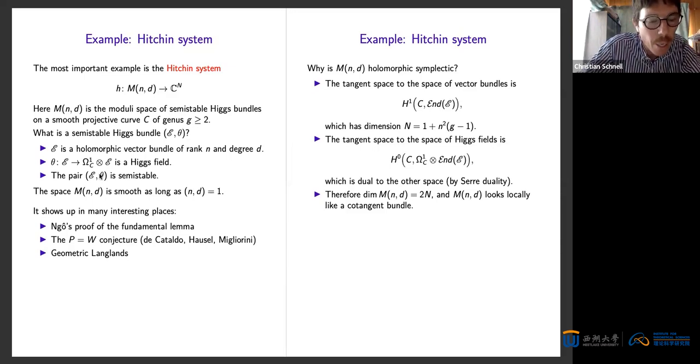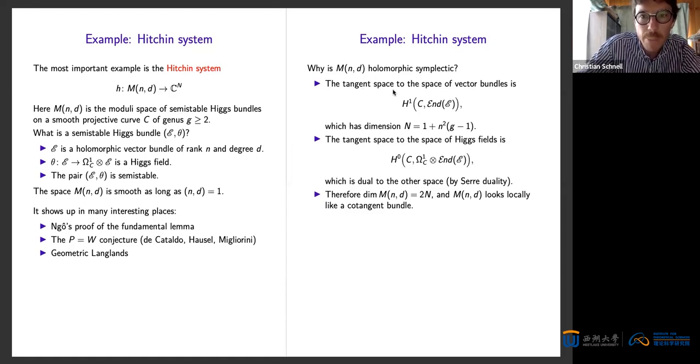The way this works here is you can see this by varying the two components of the Higgs bundle individually. You can move the bundle E and you can move the Higgs field. If I change the bundle, then what I get is the tangent space to the space of vector bundles on the curve.